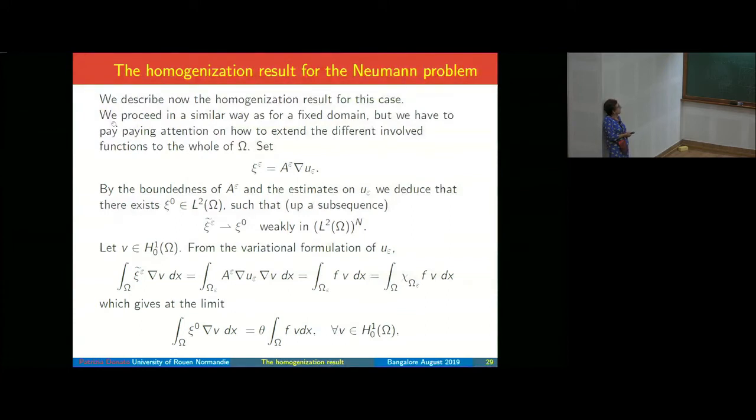Then let V in H1 0, and we get that the integral over omega of xi tilde epsilon gradient of V is equal to that integral, and so to that one for the equation. And this one we can write like chi omega epsilon f V integrating on the whole of omega.